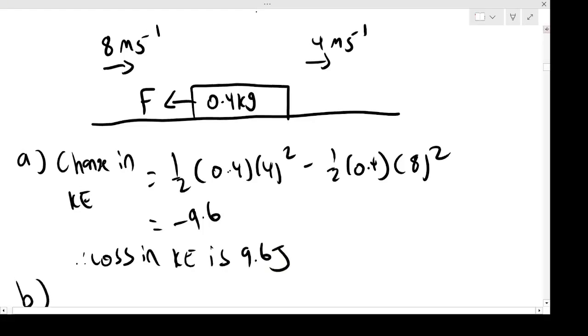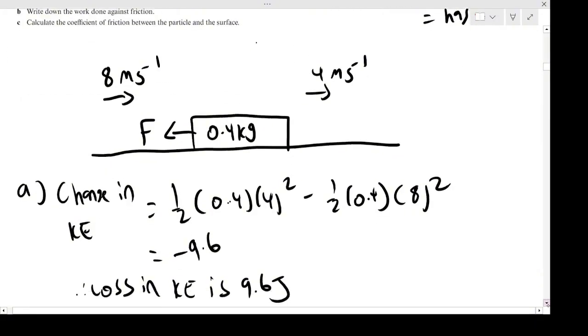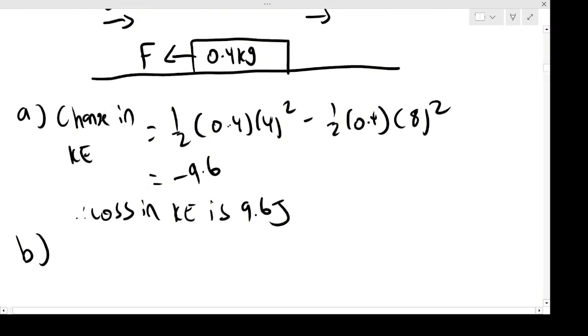Right, then in part B, it's asking to write down the work done against friction. Obviously we've got our friction here. So we know the standard formula for work.